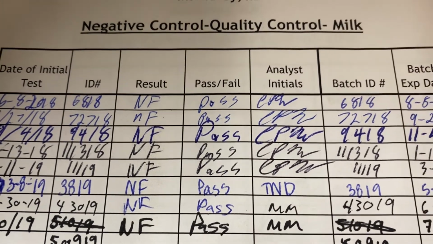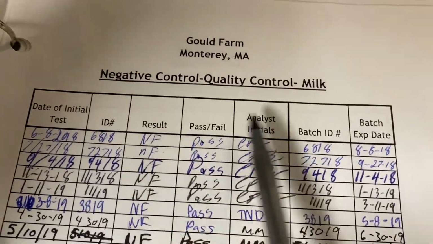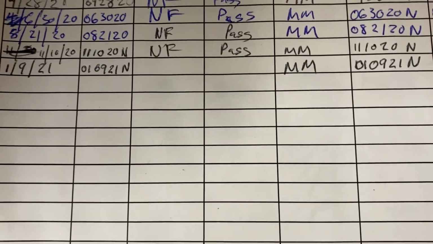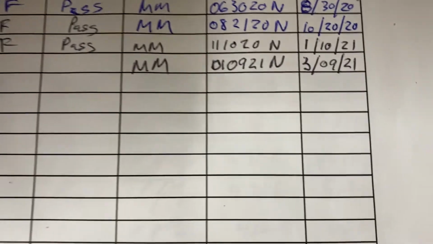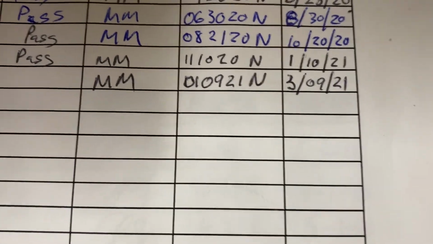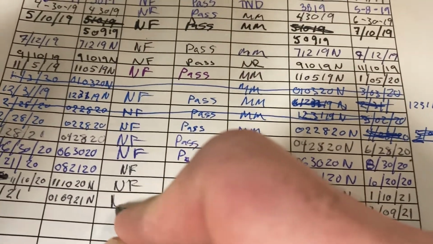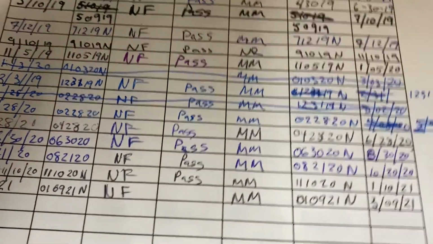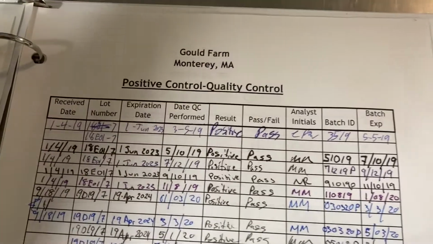The ID for the negative control is going to be the same as the batch ID. So for today, that's 010921N. We write down that the inhibitor was not found, and as a result, the test passed.